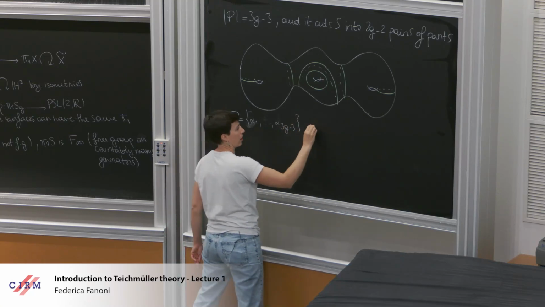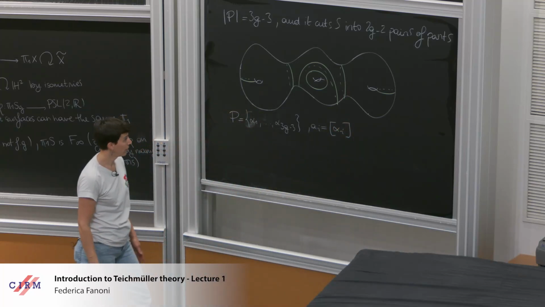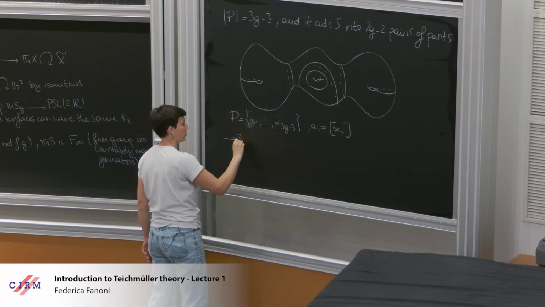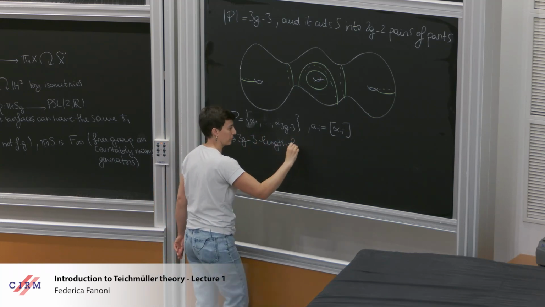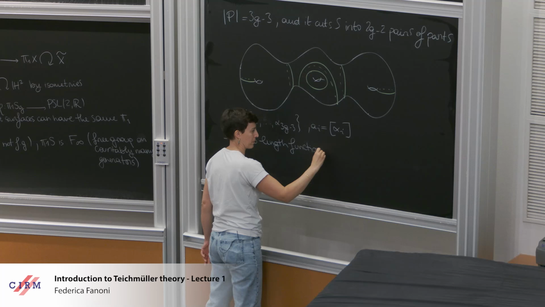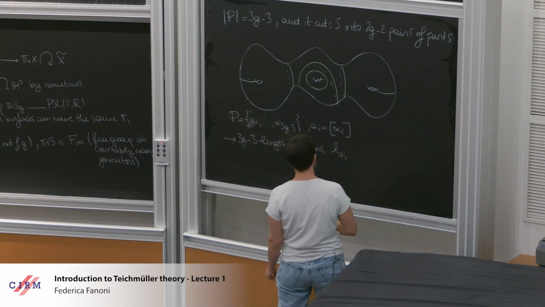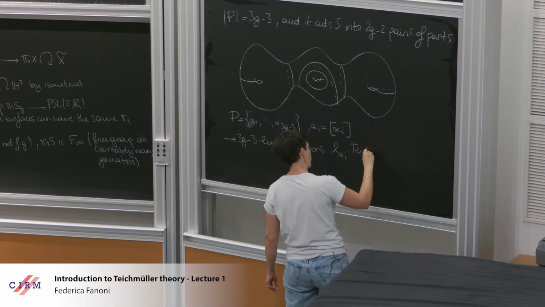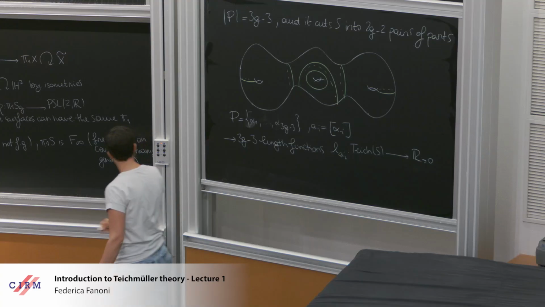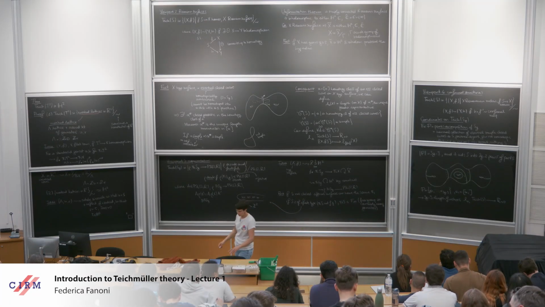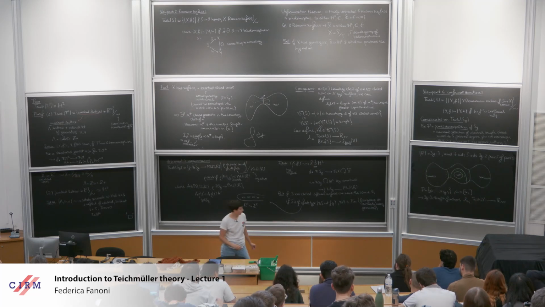Let me say a_i is the homotopy class of alpha_i, and then I get 3g minus 3 length functions l_{a_i} from Teichmüller space into the positive reals. And we call these the length coordinates.